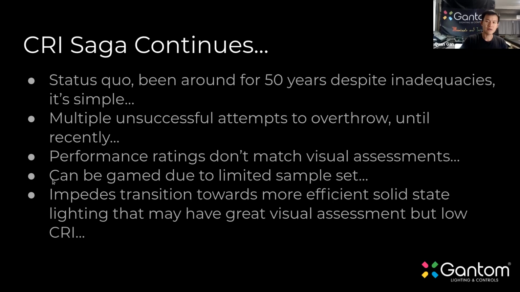And then finally, CRI, because it's only looking at fidelity, essentially how good this test light is compared to a reference black body source, it inherently prefers your incandescent, less efficient light sources, because incandescents are essentially black body, right? It's using a heated filament to generate the light output.